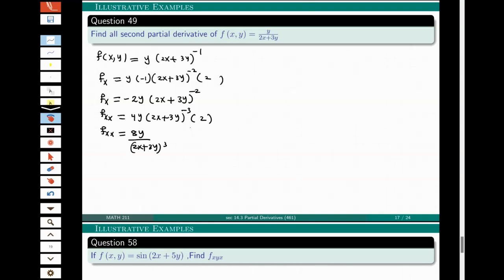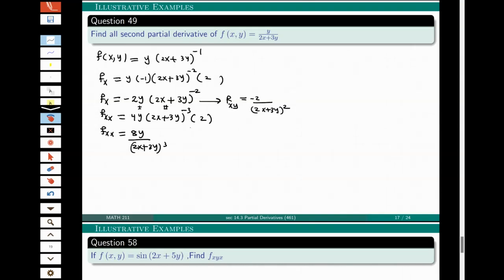Okay, now if I want to find f sub xy, from here I will have the product rule. This is the first, that's the second. So the derivative of the first is minus 2 times the second, which is 2x plus 3y raised to the power 2.